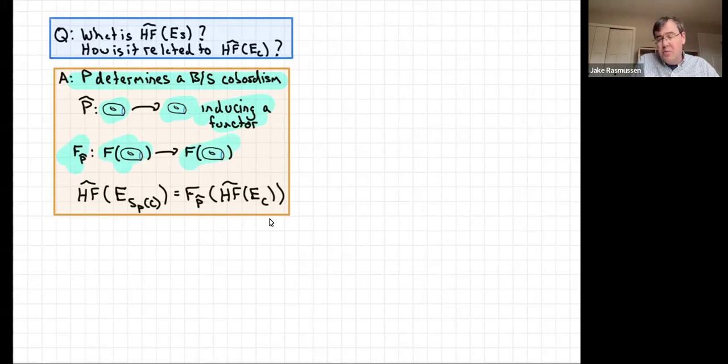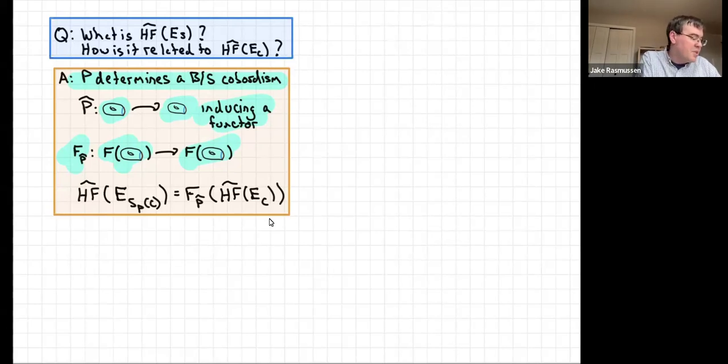Okay, scary sounding words again, but all this says is that I have some function that eats immersed curves in the punctured torus, those are combinatorial objects, and spits out other immersed curves. Right? So the target and the domain both have nice combinatorial descriptions. So we can hope that maybe there's a combinatorial way that we can think about this functor.